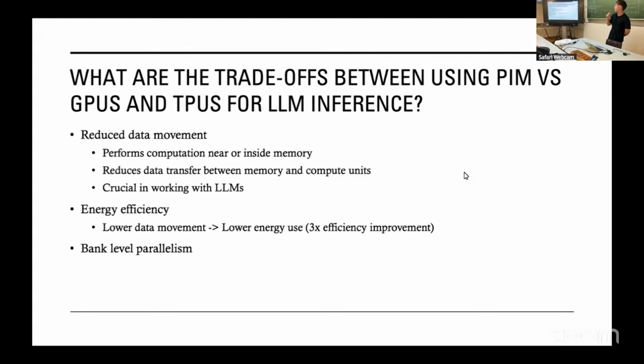It would have been bank level parallelism. But the first one was right. We have reduced data movement, and it's crucial in working with LLMs. We have better energy efficiency, and through the bank level parallelism, we can also parallelize across the different devices, or inside the device too.